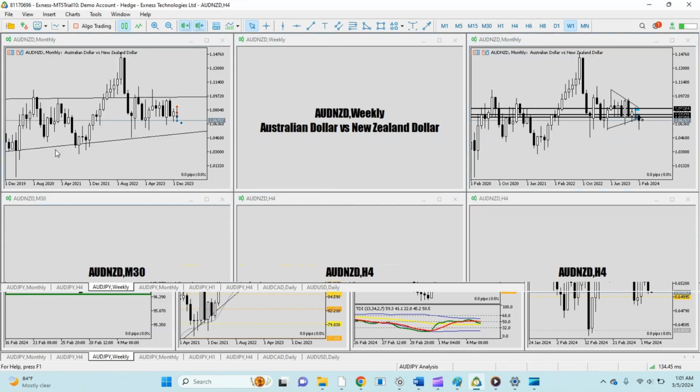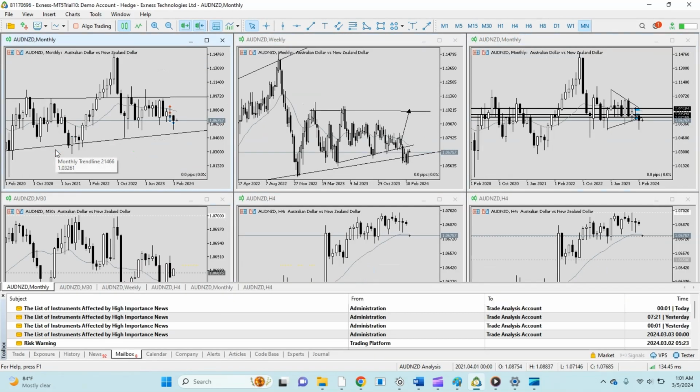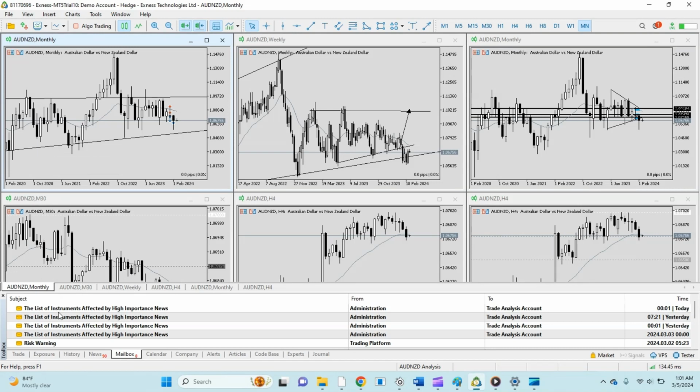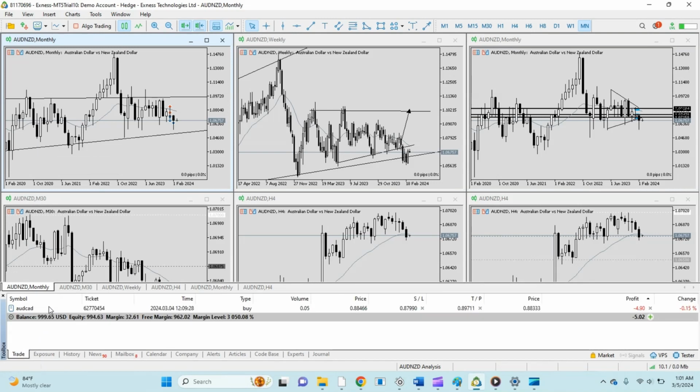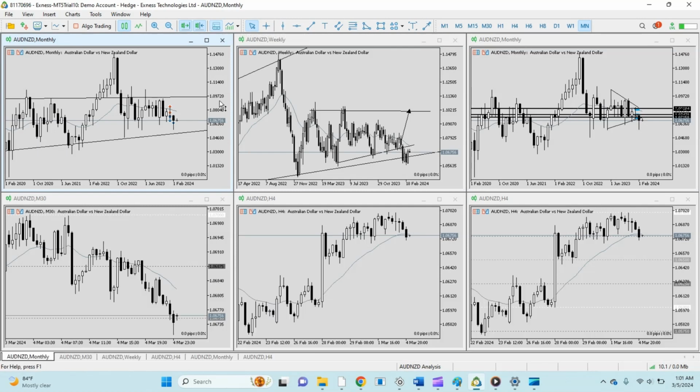Australian dollar. So ideally, we're supposed to check for news at forexfactory.com, but I'm just doing this for beginners to have a grasp of how to do technical analysis.